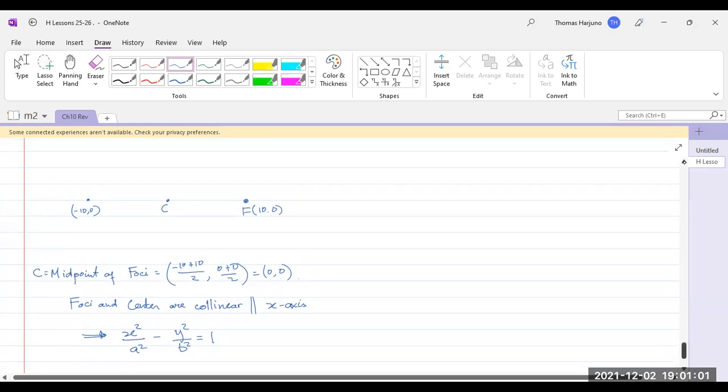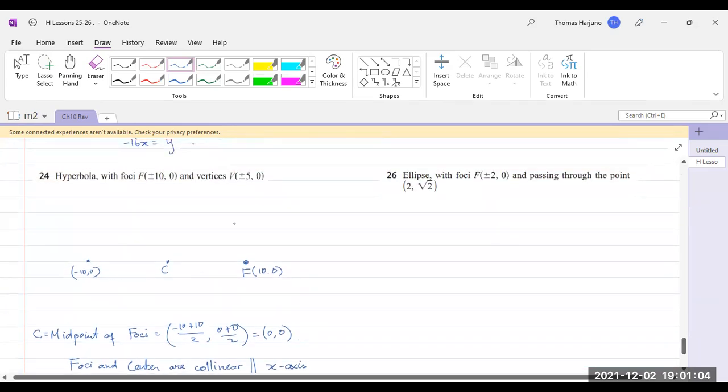Now, more things to say. The vertices are ±5, so the vertices are (5, 0) and (-5, 0). Actually, you can use the vertices also to find the center. We know the hyperbola will be like this.